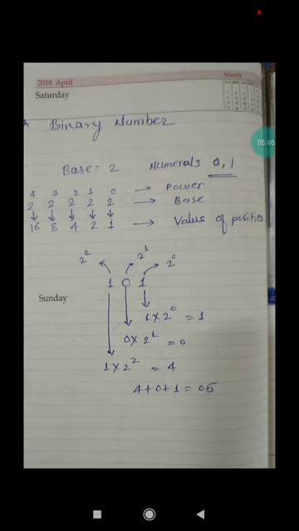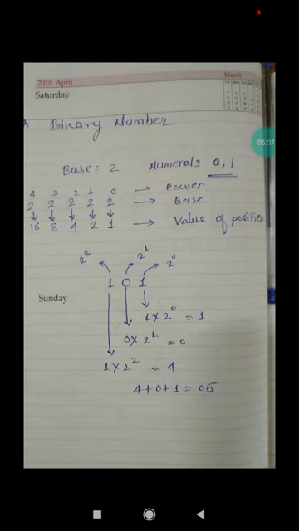So in 101, the LSB is 1, so we multiply this 1 by the 0th power of 2. The second numeral is 0, so we multiply 0 by the 1st power of 2, and the last one is 1. We multiply this one by the 2nd power of 2.